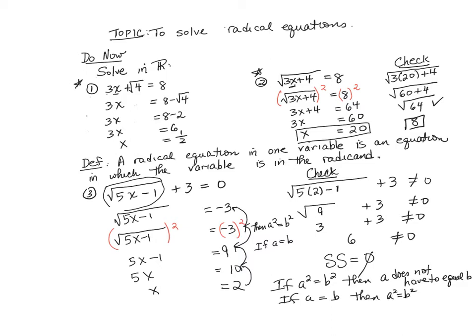That part is true, but the converse is not true. So that's where it failed. So if a equals b, then a squared equals b squared. But if a squared equals b squared, here we notice that a does not have to equal b, and we've gotten our extraneous root.